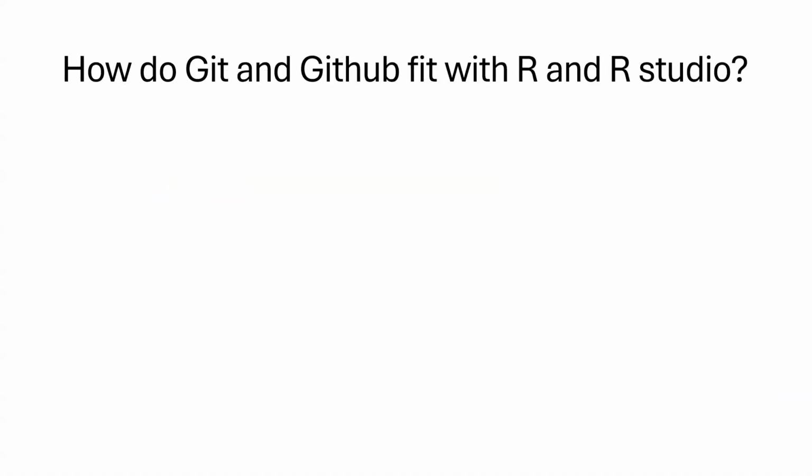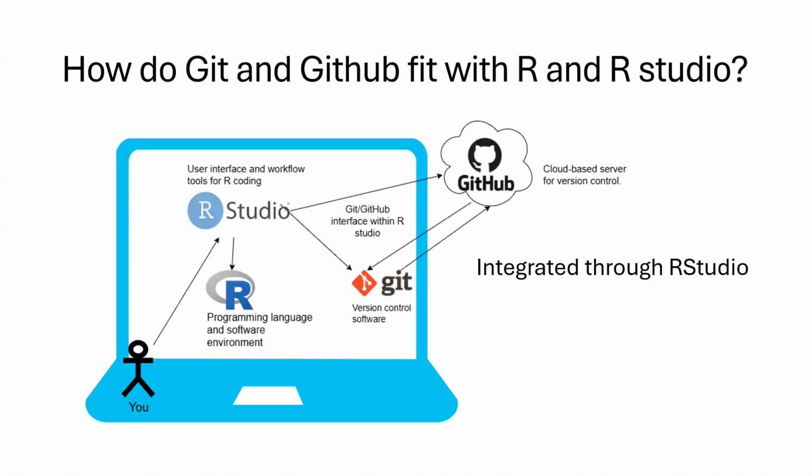Since you're having to learn a lot of new tools for this course, it might help to see how they all fit together. At least I find that helpful. So I made this little diagram. This is your computer, and you have these three programs installed on your computer: RStudio, R, and Git.